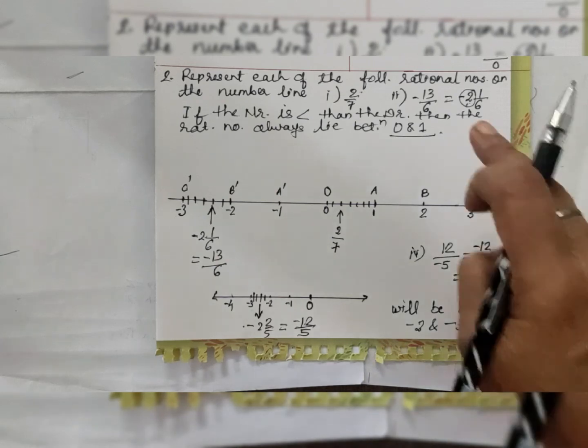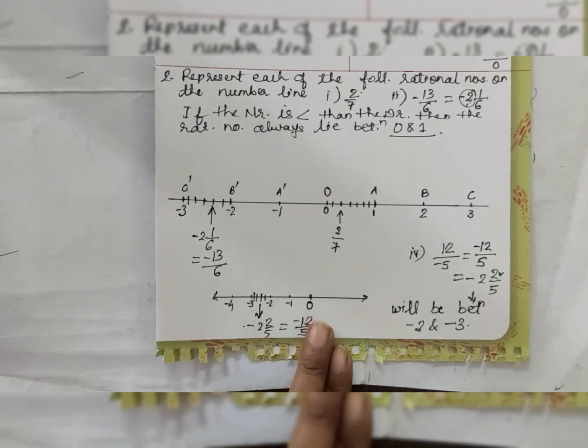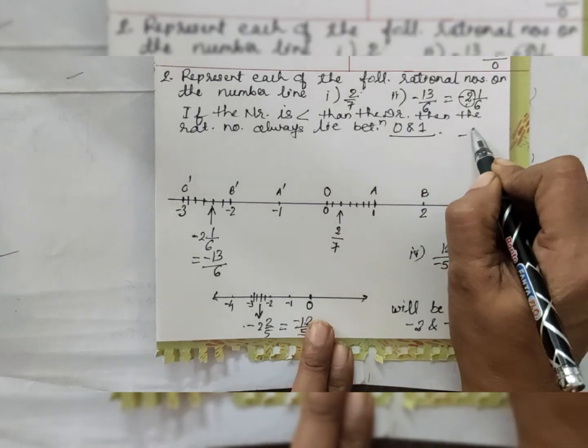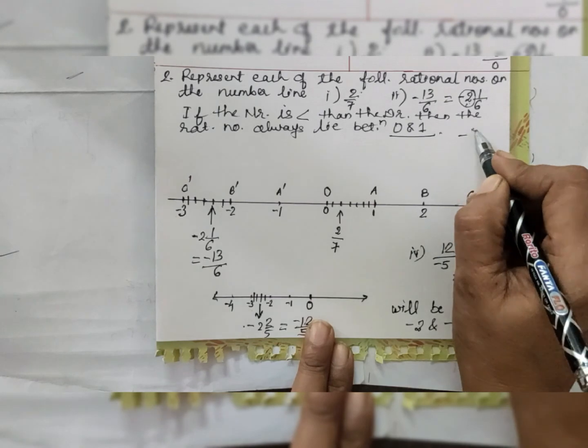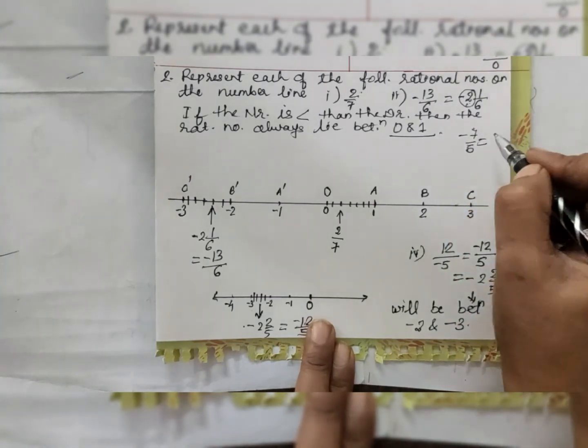Okay. Now if the denominator is the same, see, one more example is there. Minus of 7 by 5. Let us take that example. If you have minus of 7 by 5, convert it into an improper, so what will you get?